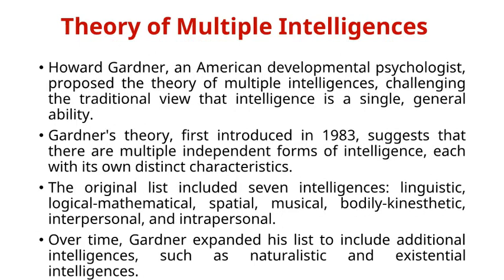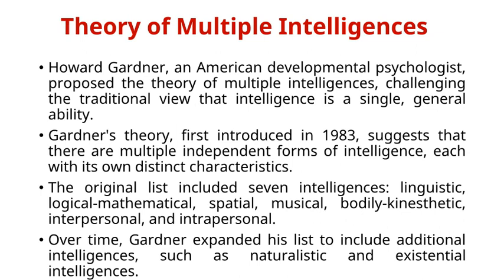Howard Gardner, an American developmental psychologist, proposed the theory of multiple intelligences, challenging the traditional view that intelligence is a single, general ability. Gardner's theory, first introduced in 1983, suggests that there are multiple independent forms of intelligence, each with its own distinct characteristics.